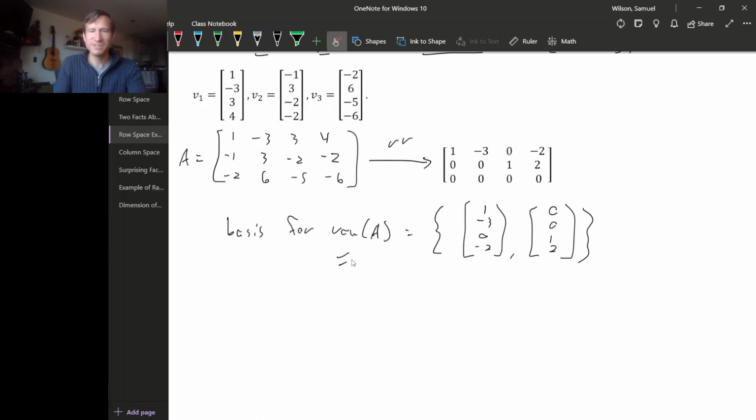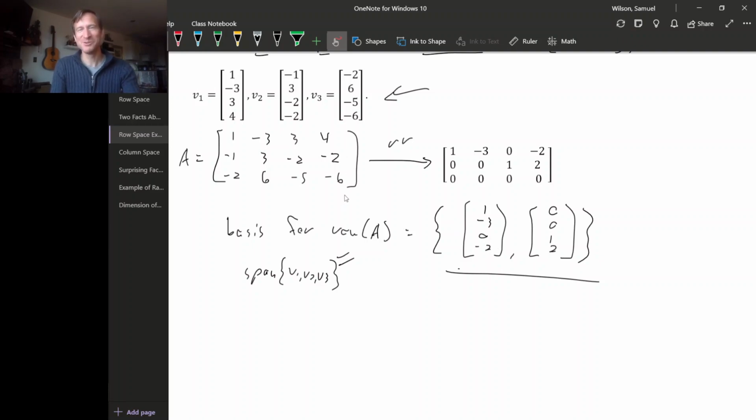And of course, we set things up so that the row space of A is the span of V1, V2, and V3. So here we have a basis for the span of those vectors, by taking this sort of detour through a row space. Even though the question didn't have anything to do with row spaces at the beginning, we can rephrase it in terms of rows by turning these vectors on their sides and then putting them into a matrix.